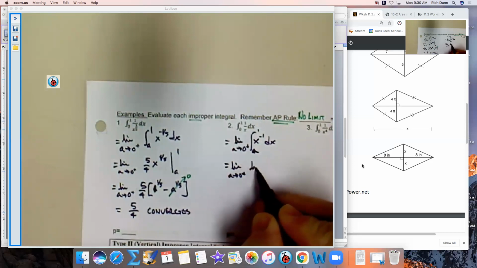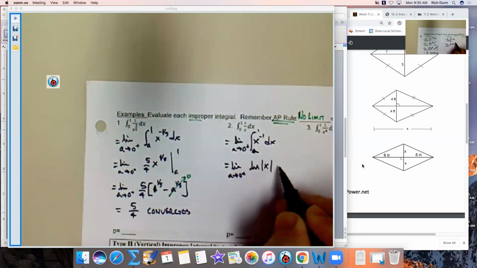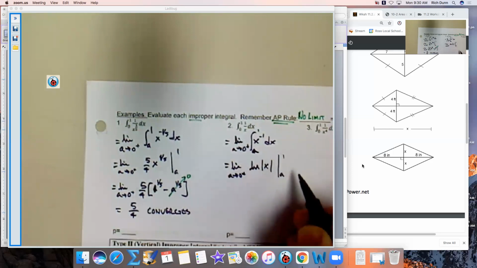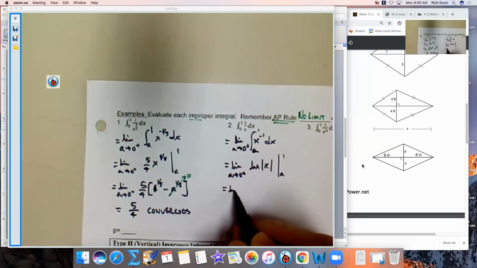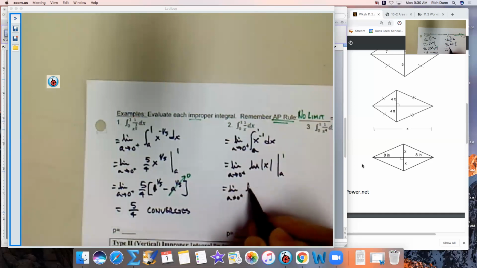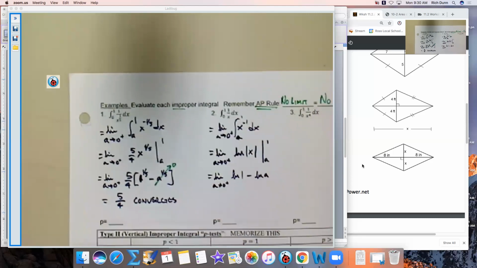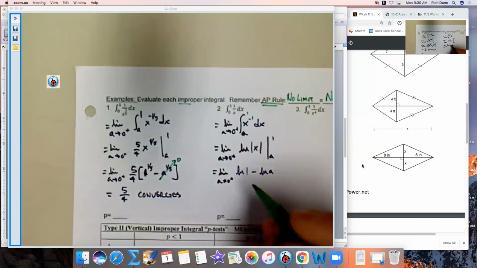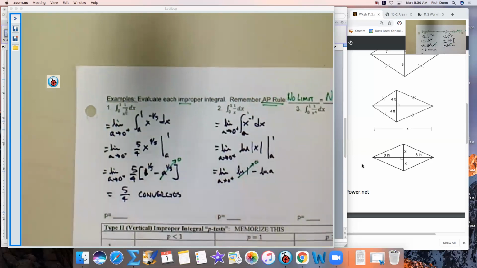So this will be the natural log of the absolute value of x evaluated from a to 1. The limit as a goes to 0 from the right of the natural log of 1 minus the natural log of a. Of course, we know the natural log of 1 is 0.